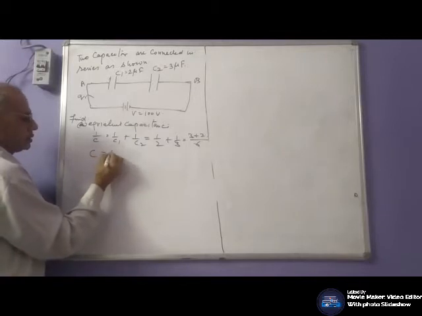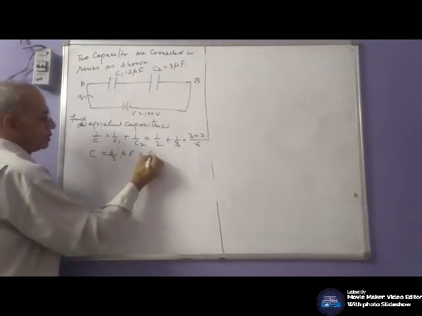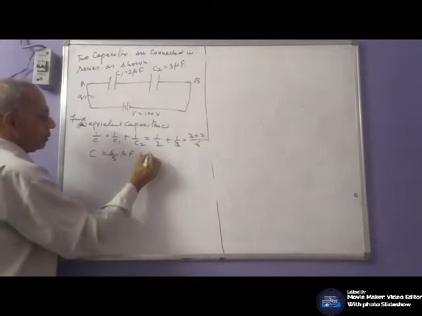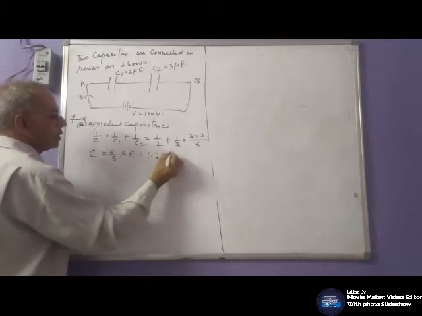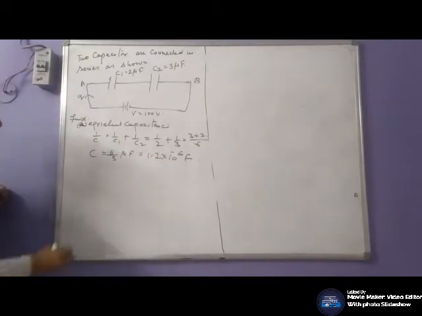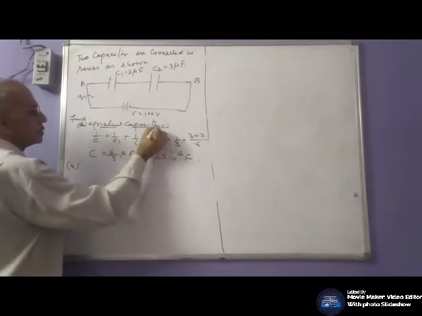Or C is 6 by 5 microfarad, or C is 1.2 times 10 to the minus 6 farad.